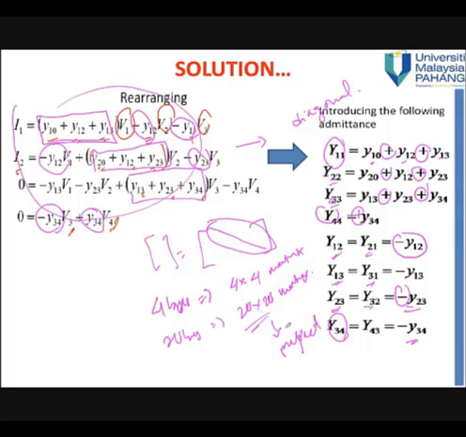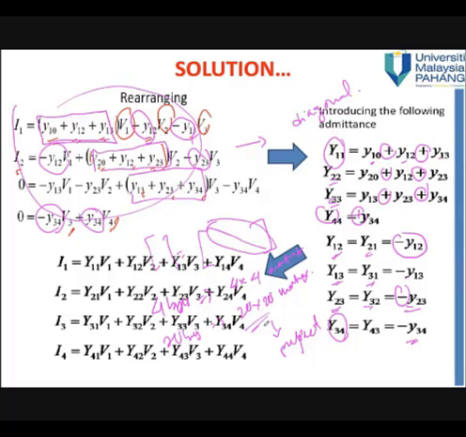So this one we have constructed already. We want to construct the Y bus matrix, so this one we rearrange back. So you get I3 and I4, we just name it I4 as 0 because there is no current source. So you get this value.